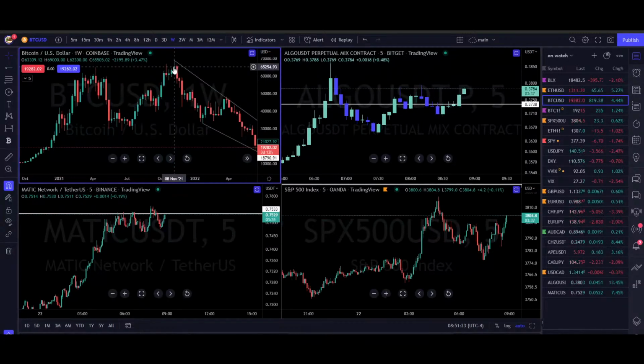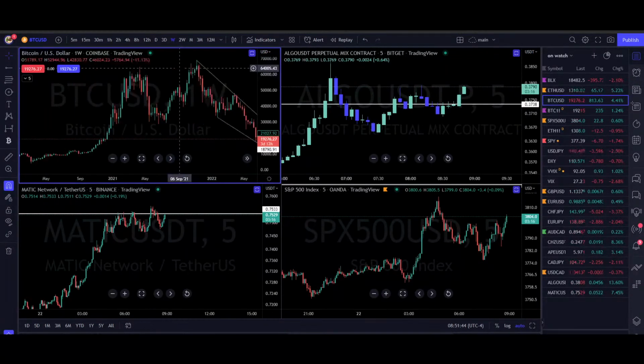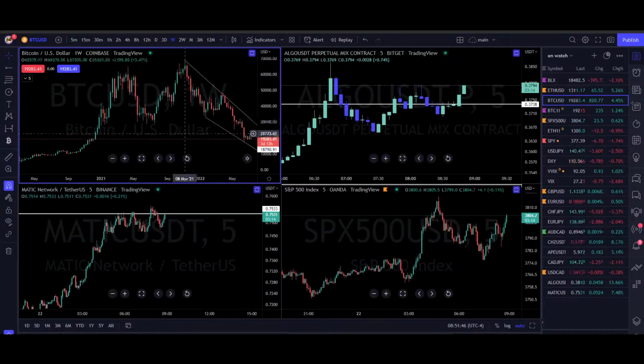So this is when the bear market started for Bitcoin. This is also when the bear market started for risk assets, being the NASDAQ, Dow Jones, S&P 500. The bear market started in November. And since that's the case, the 4-year market cycle model is still intact, right? So whether you believe it anymore or not is irrelevant.